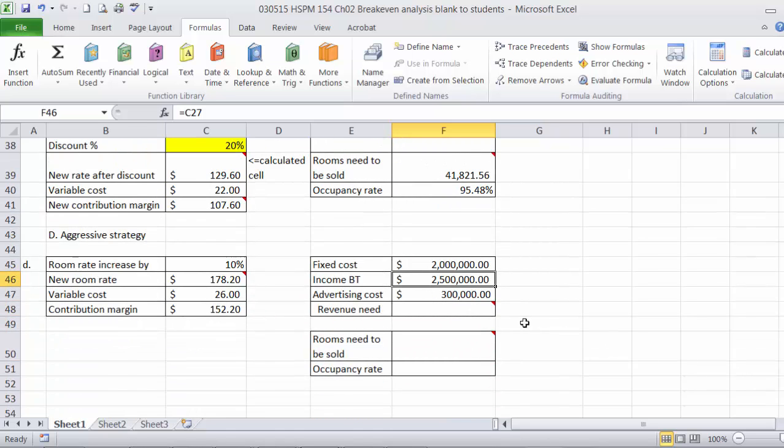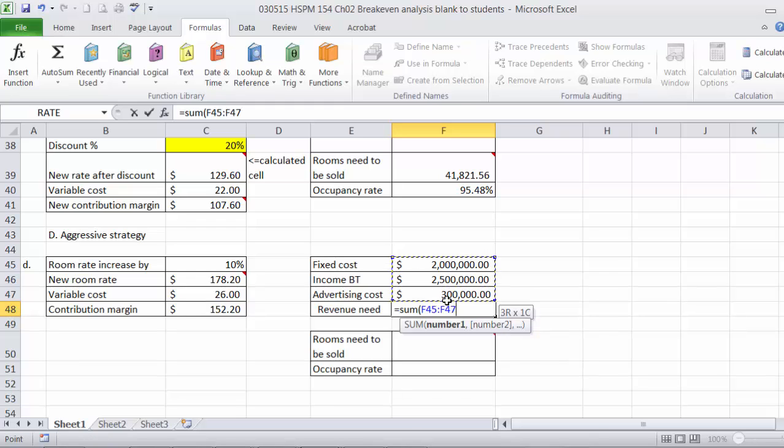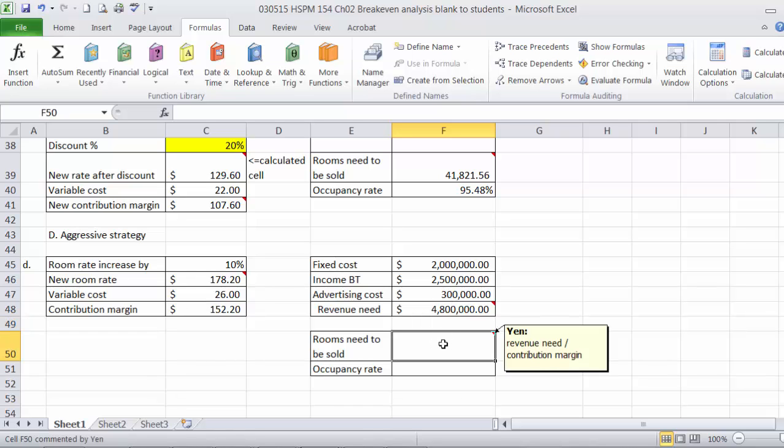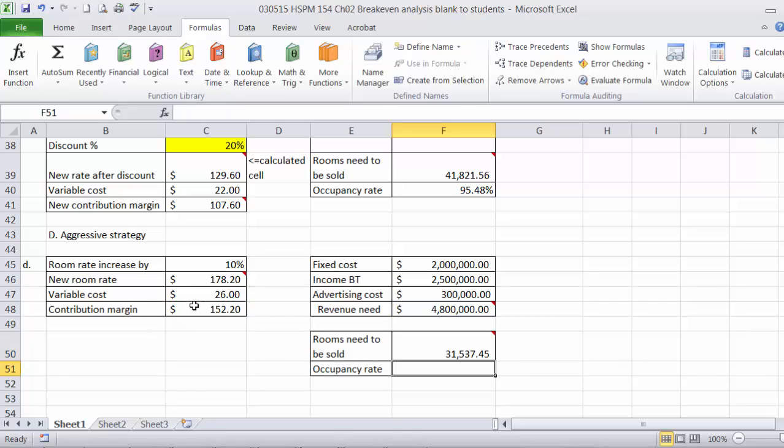Here, that's this part, right? We add the additional fixed cost, so we can use the sum. We add these three together. How many rooms do we need to sell? That's $4.8 million divided by 152.20. That's how many rooms we need to sell.